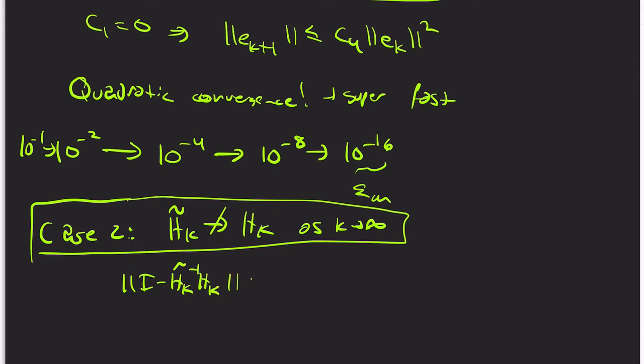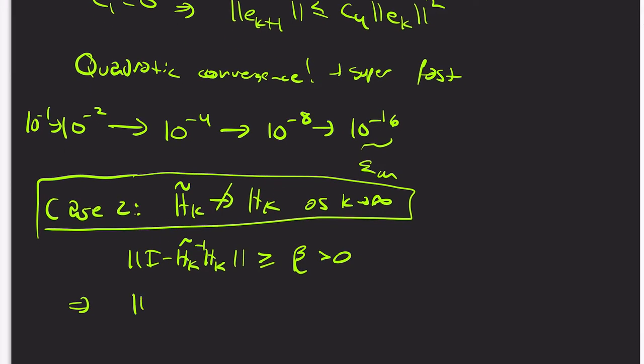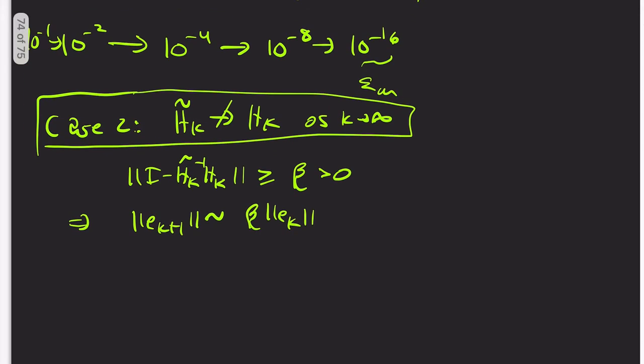In general, that's going to be greater than or equal to some beta for some beta greater than 0. And so our convergence goes as beta times e_k.